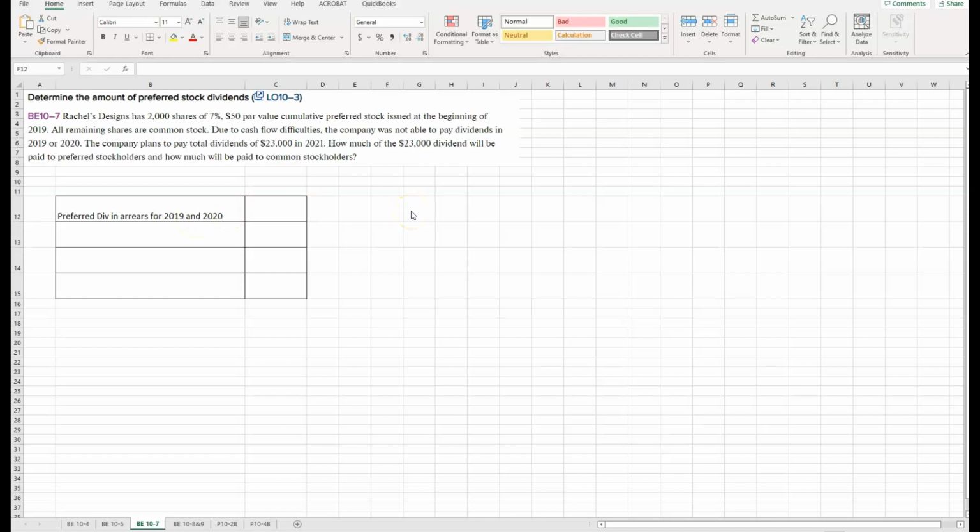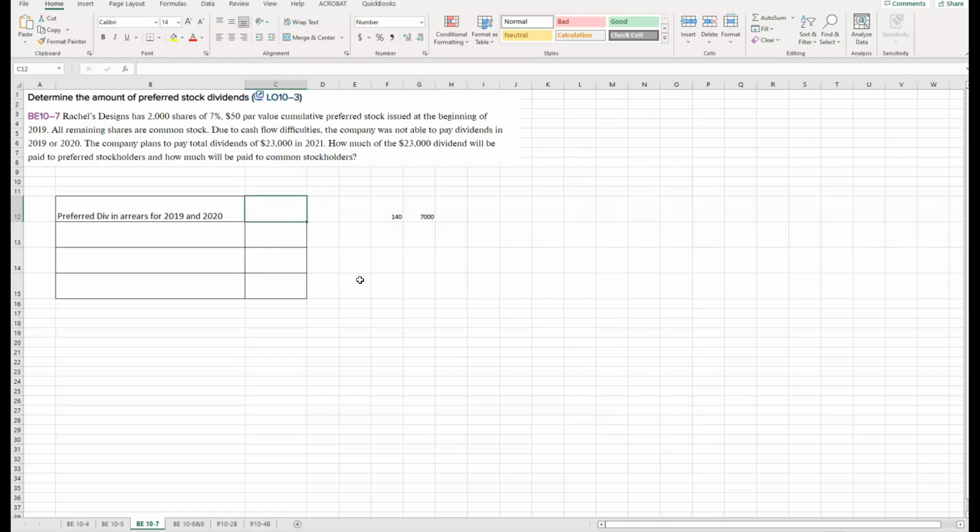Preferred dividends are calculated by taking the number of shares, 2,000 shares, times 0.07 or 7%. So that's 140. The 140 times $50 or 7,000. So it's 7,000 per year on the preferred dividends.